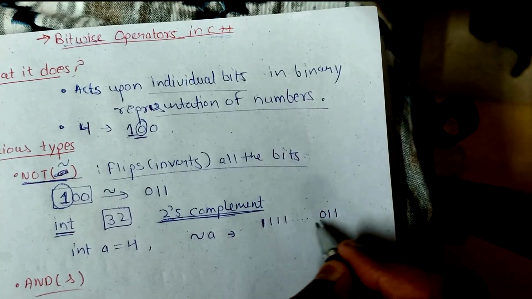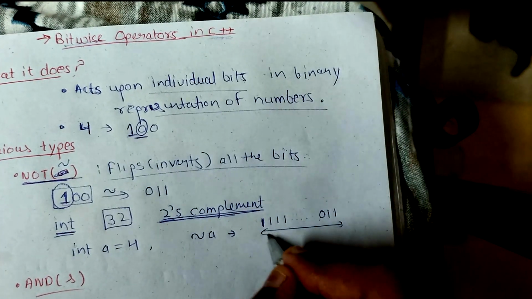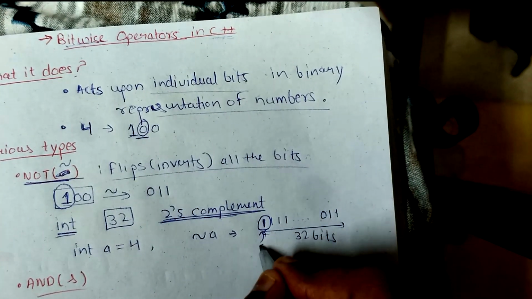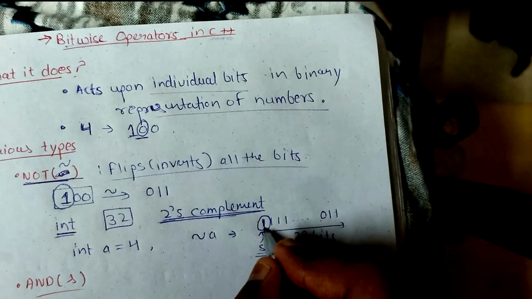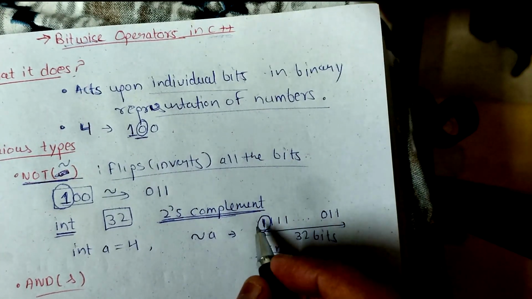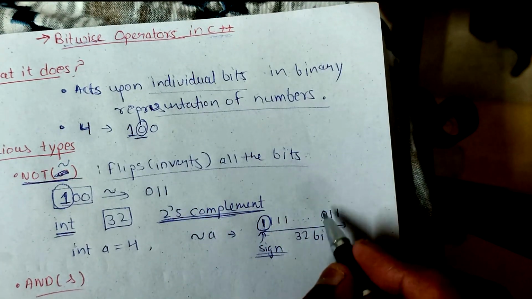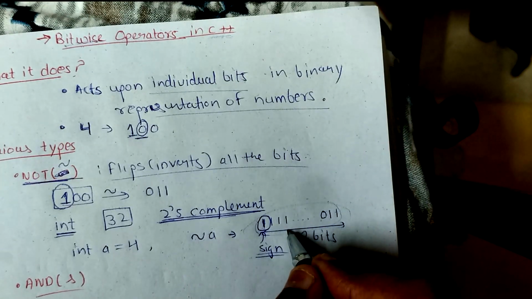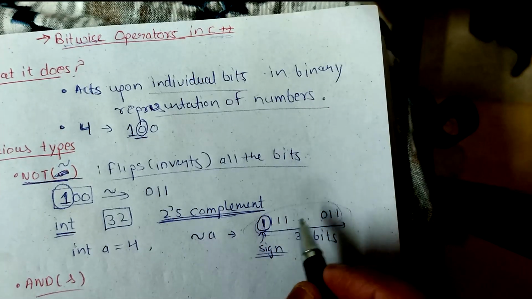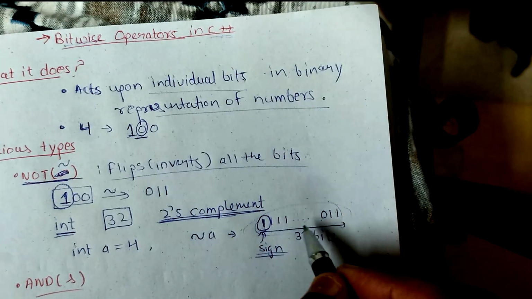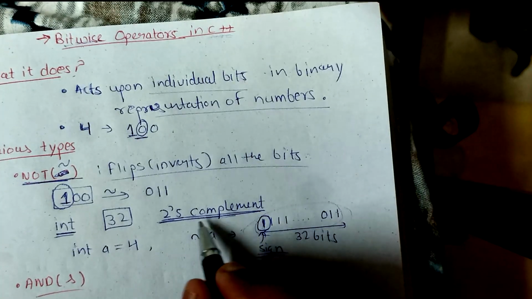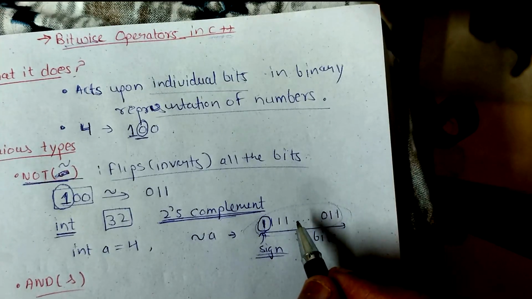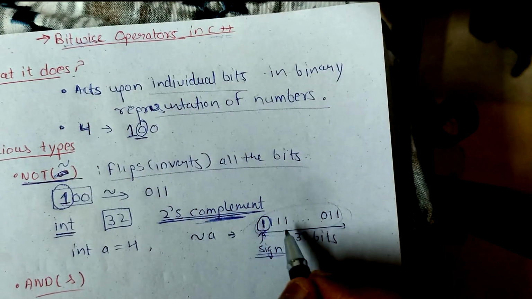So these are 32 bits. This bit is for the sign. If it's 1, the number is negative. If it's 0, the number is positive. So as we can see, this is going to be some negative integer. If you convert it into decimal, considering that it is represented in 2's complement form, you will get its value. But since this is not the topic we are covering right now, I will leave it here for now.